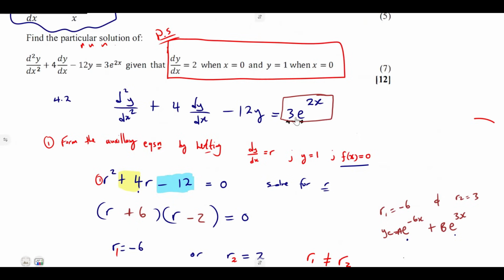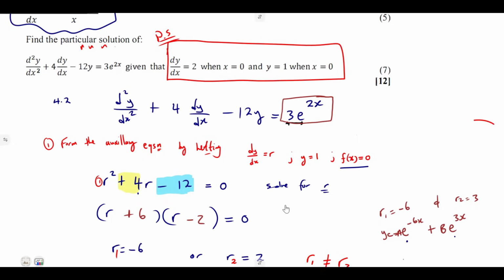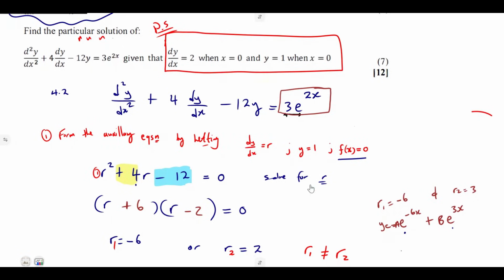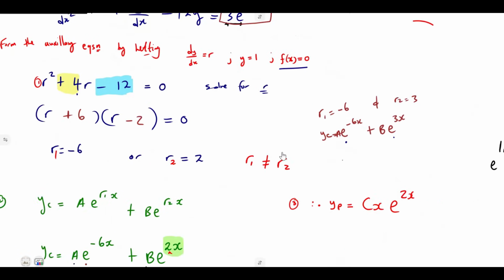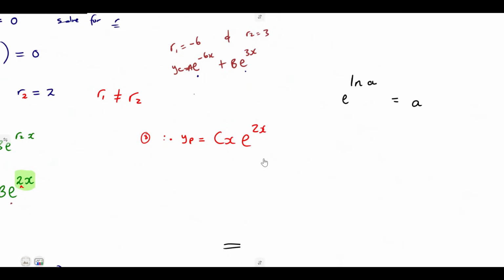We must find the derivative of y with respect to x. We must find the second derivative so that we can substitute and find the value of c into the original equation. So that is from our particular integral.